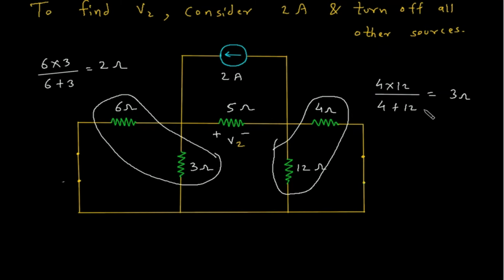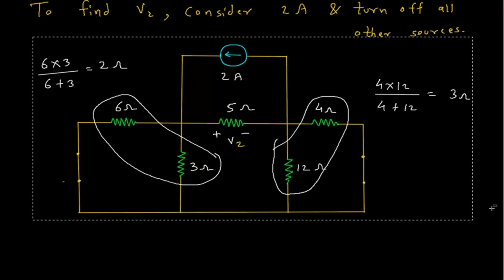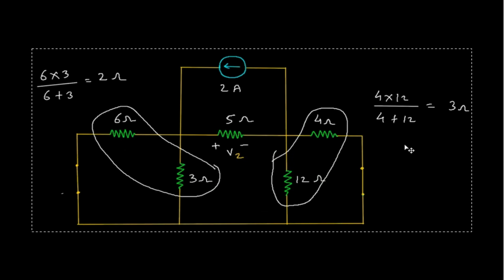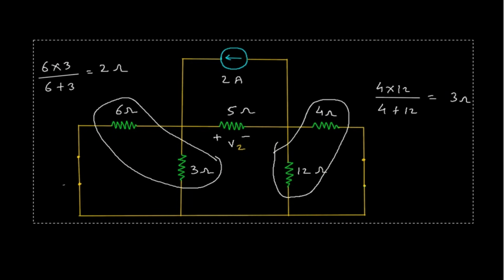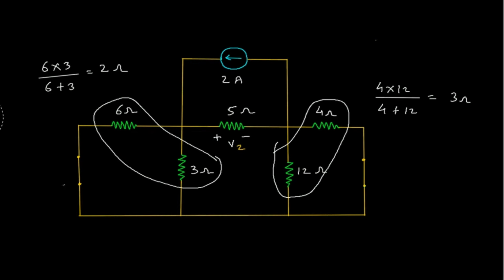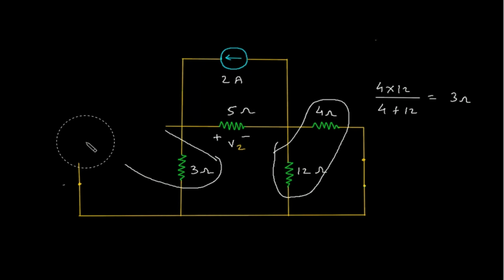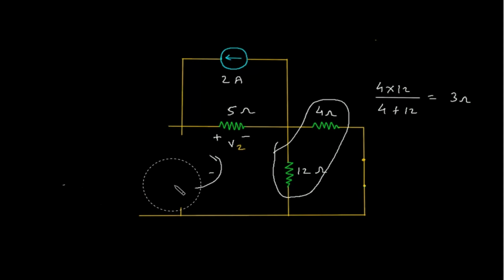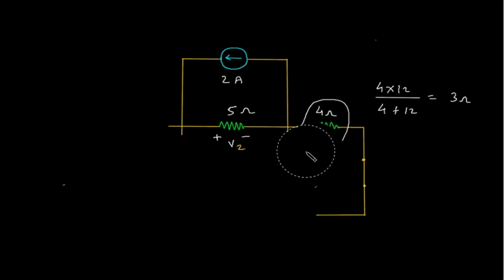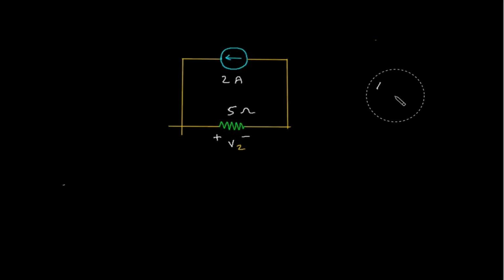Now this 2 ohm in series with 3 ohm gives 5 ohm. So let's redraw the circuit. This will be 5 ohm parallel with 5 ohm.